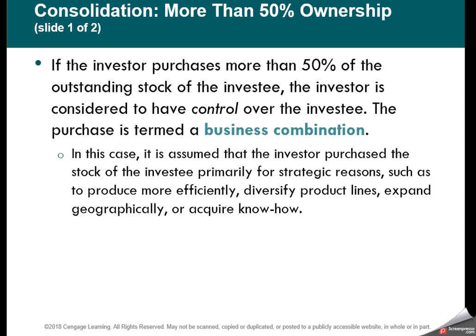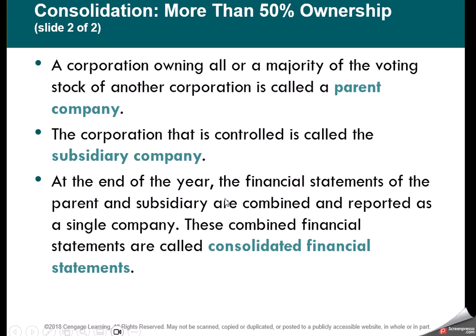So they buy a company that's up for sale, or they buy more than 50% of the stock, and then now they combine it into theirs. So again, they could do it to expand into new geographics, to get into new product lines, maybe the other company has some patents and things that can help them produce more efficiently and have a better operation. So there's a variety of reasons that companies do it, but they do it all the time.